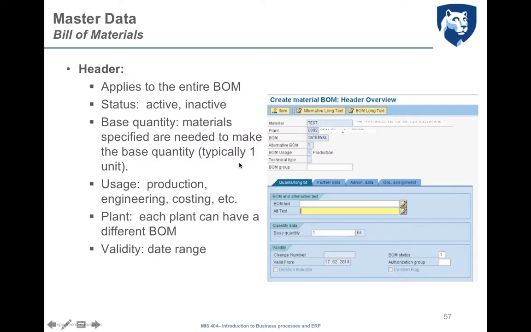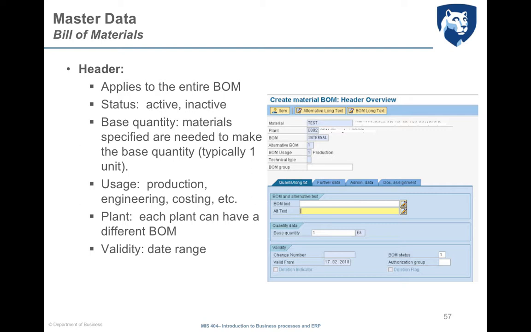The header section includes data that apply to the entire bill of material, such as the material number, the description of the material, the plant, the usage, the validity, the status, and the base quantity. The material number in the header identifies the finished good or semi-finished good that is then described in the bill of material, and the bill of material is valid from the date specified in the header.